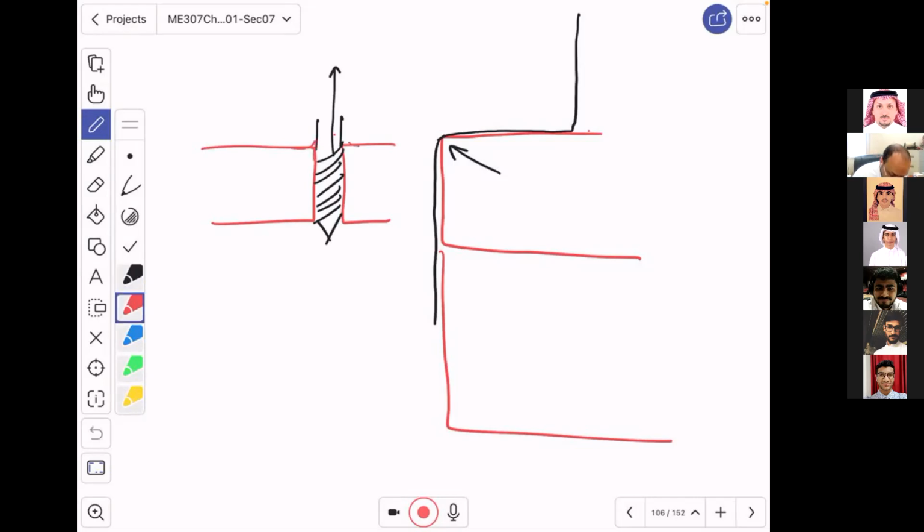So in reality, there might be a burr like this. Do you remember? They call it deburr in ME-307-Sec-07-LEC. They call it deburring, which means that after you drill, you go and bring a tool that will flush this little tiny sharp material.